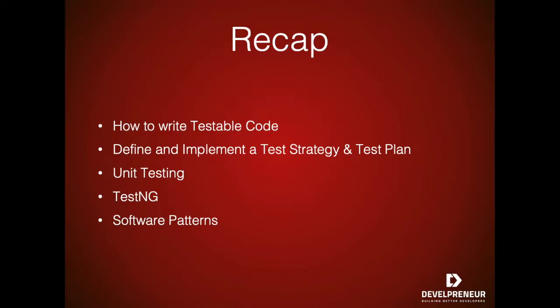Before we start talking about integration testing, let's take a moment to quickly review what we have covered in the previous segments on integrating testing into your development flow. This series began with our initial topic of how to write testable code. This is where we highlighted a lot of testing methodologies and how they can be applied to the development process.